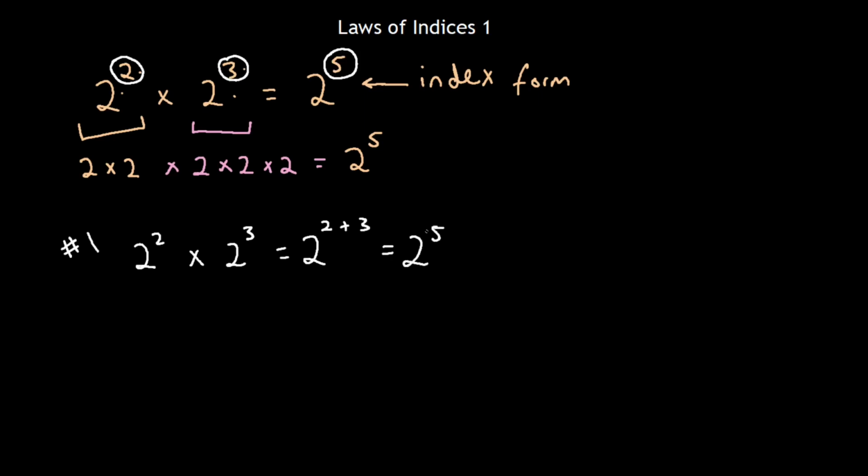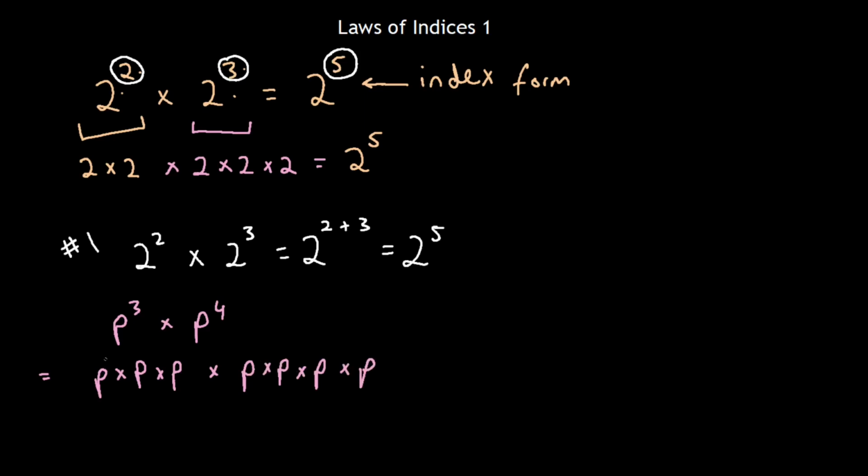Now, does that work for anything else? Well, let's find out. Let's go for p's. I'm going to write p cubed times p to the power of 4. Now let's see what this works out to be. So I've got p times p... you see how long it gets?